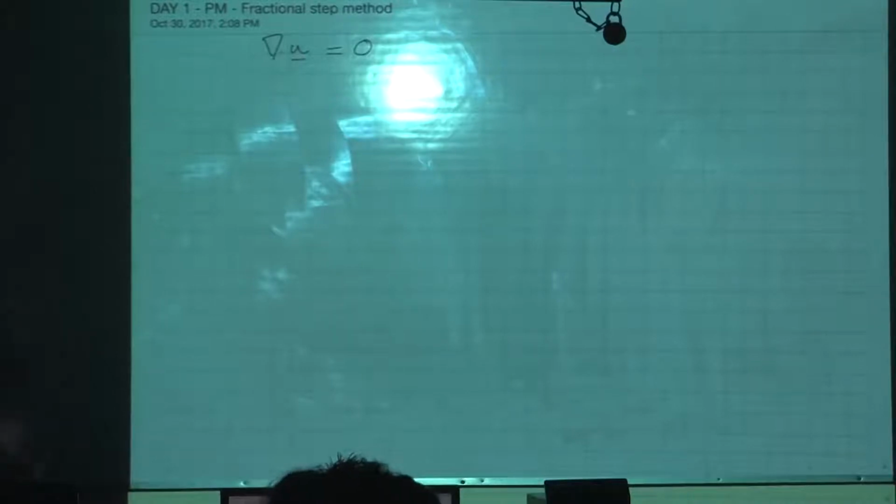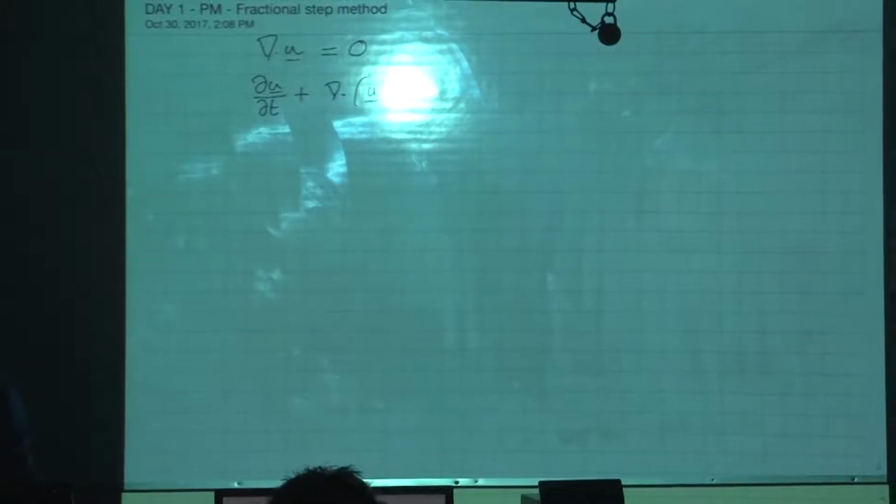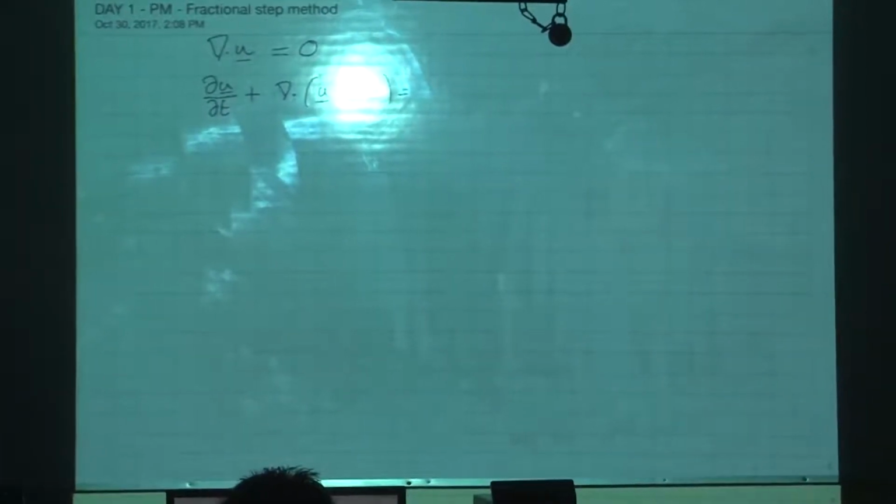Okay, so this is a conservation of mass. We're back to single phase just for the rest of the day. And then we'll include the momentum equation, plus the divergence of the gradient of velocity, so the Laplacian of the velocity.